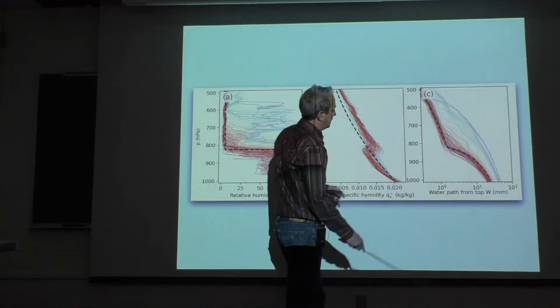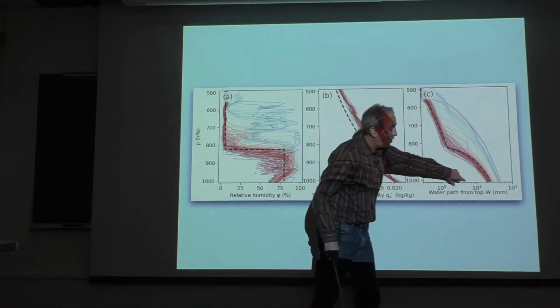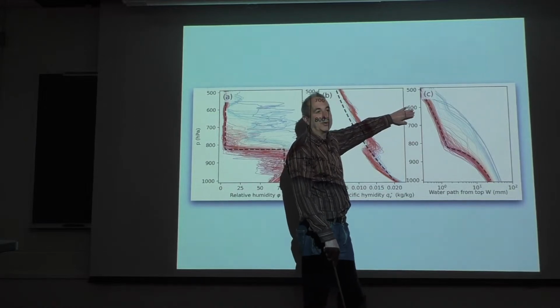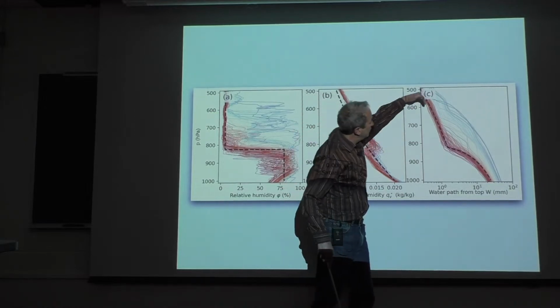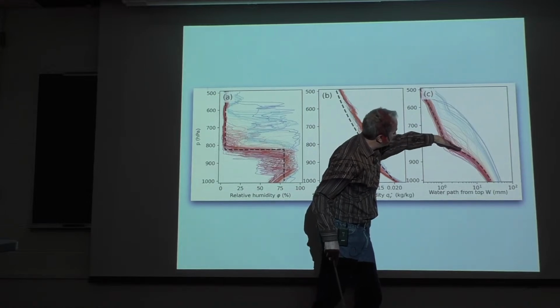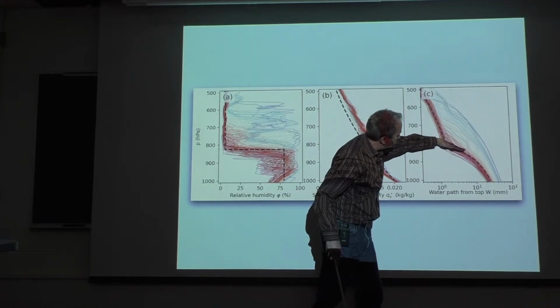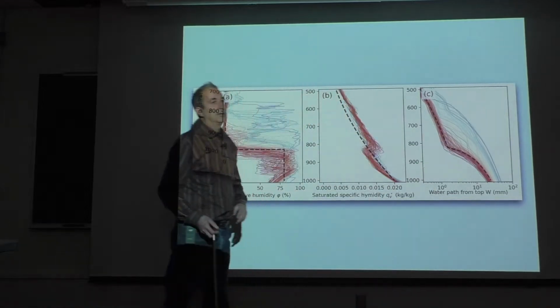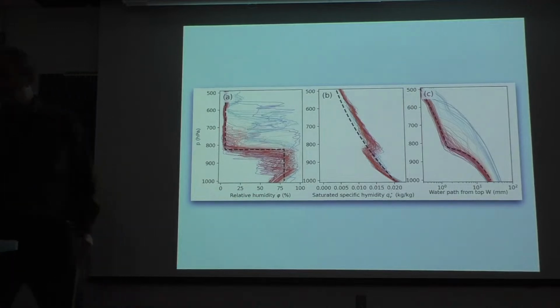But maybe most importantly, here's the water vapor path. This is the logarithm of water vapor path. So this is sort of half of our beta. If you squint, you can see there's obviously a big change in the slope right here, which is going to correspond to our radiative cooling.